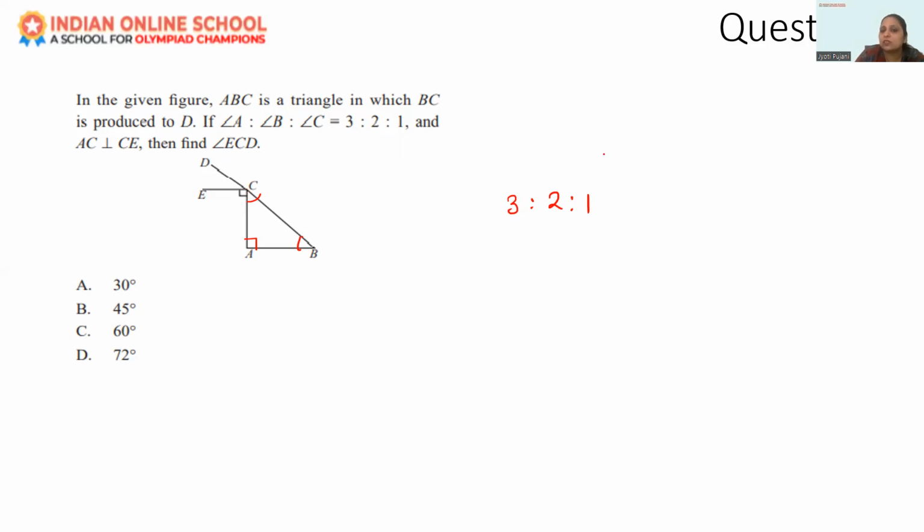Sum of all angles of a triangle is 180 degree, right? Now we have to divide the 3 is to 2 is to 1 ratio. So it means 3x plus 2x plus 1x is equal to 180 degree, right? It means 6x is equal to 180 degree. It means x is equal to 30 degree.